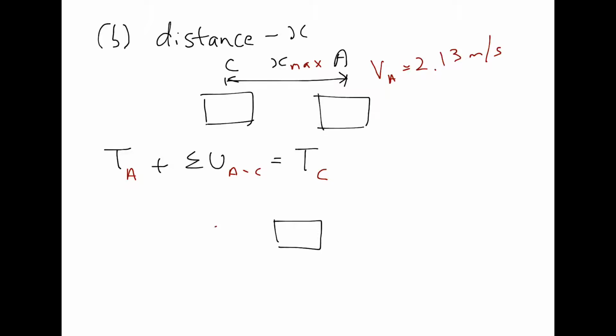From A, the block goes to C. So x is reaching maximum. It means that he moves all the way here, then he stops for a while and then bounces back. So that's why the question asks how much distance actually travelled maximum before he bounces back.